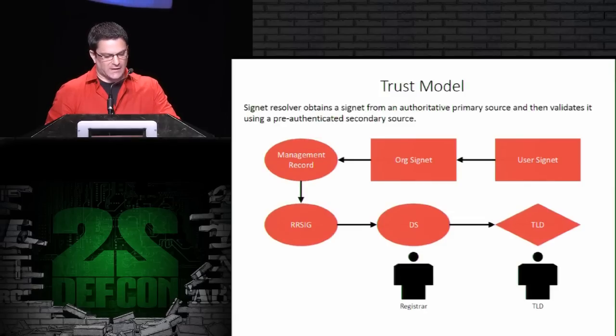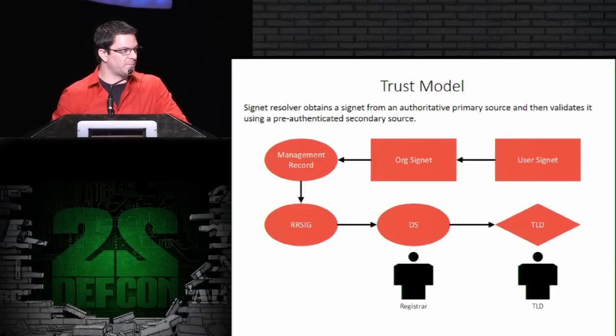I thought it'd be worth talking about who controls these keys, because at a certain point you realize that even with DNSSEC you have to trust your registrar to publish the correct DS record, and then you have to trust the top level domain to protect its root signing key. Otherwise the entire system of trust breaks down.